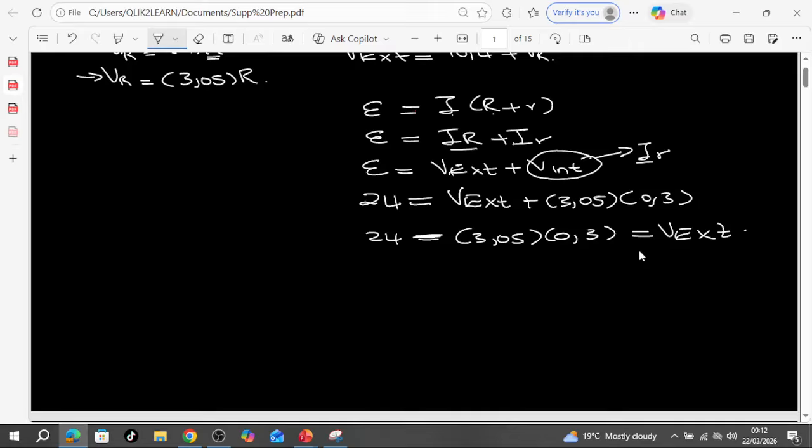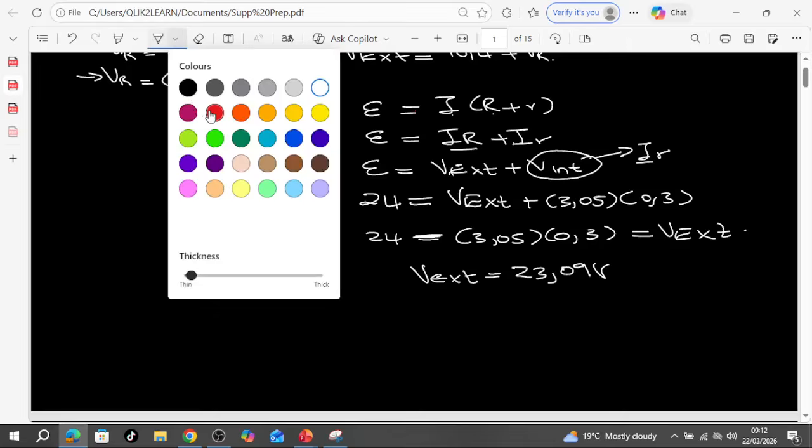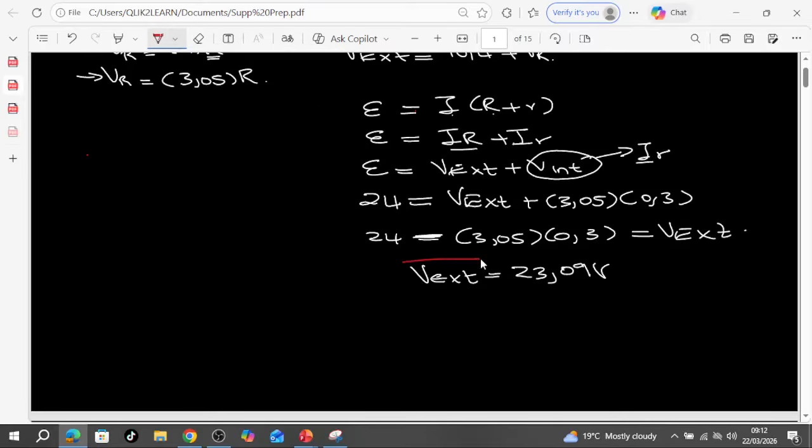So now you just have to work that out on the calculator and let your calculator do the magic. What is 24 minus 3.05 times 0.3? When I put this on the calculator, what I get is 23.09 V.